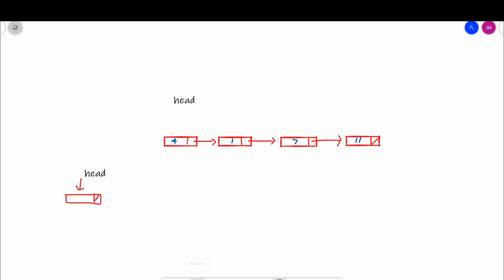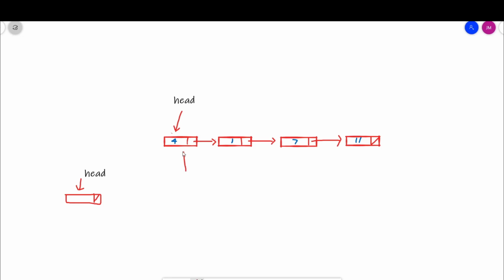Well, that was a special case where we wanted to delete the node that was at the head of the list. Suppose that's not so. Supposing I wanted to delete the one with the 7 in it. I have to get a pointer to move along this list, but I need to stop before the node that I want to delete.